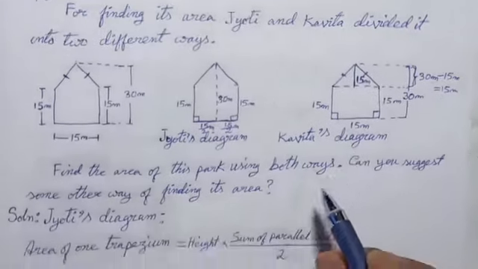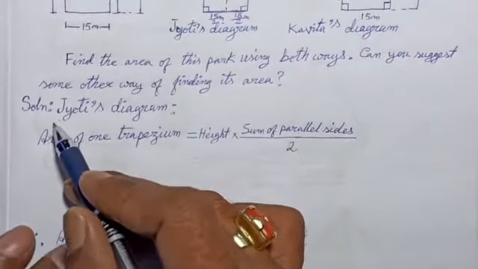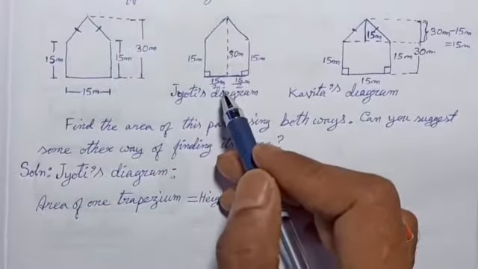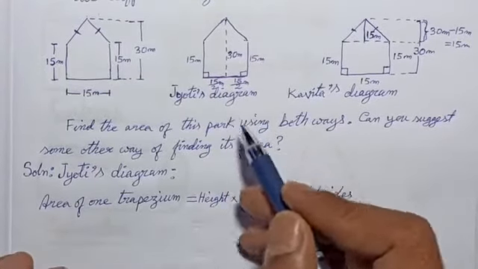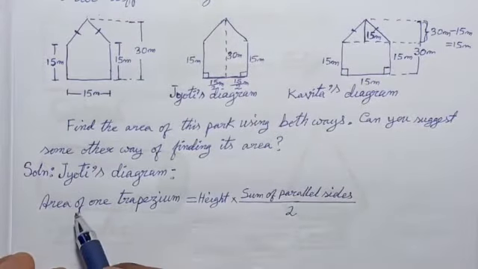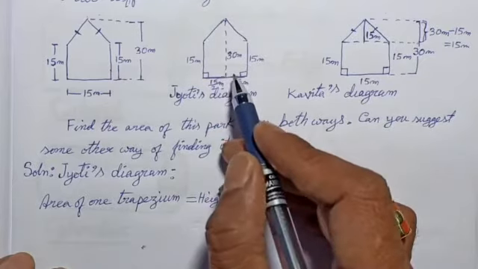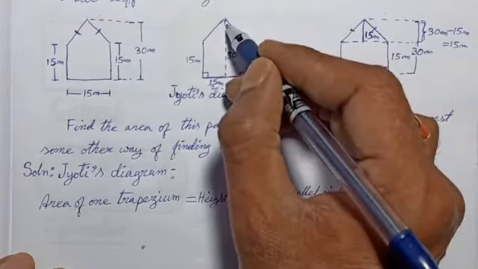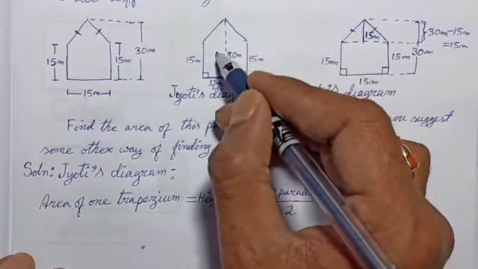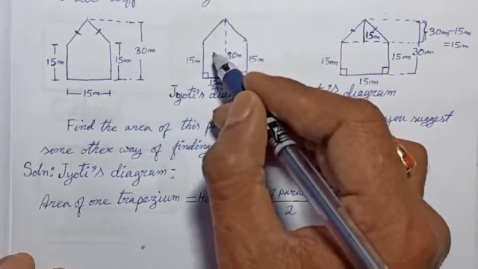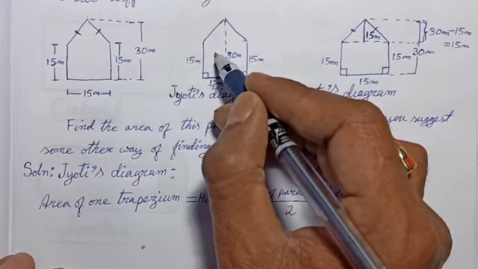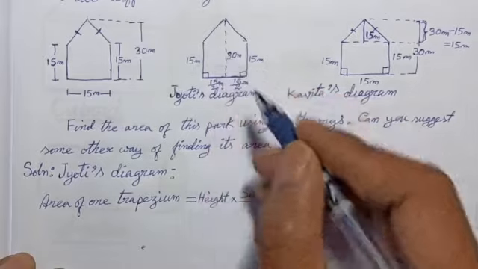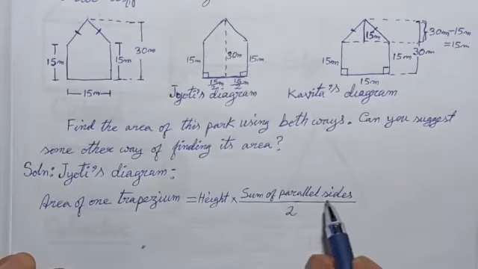Now let us solve. Solution. Jyoti's diagram, that means this diagram. In this diagram, there are two trapeziums. This is the first trapezium and this is the second trapezium. For one trapezium, the formula for its area is height into sum of parallel sides divided by 2.